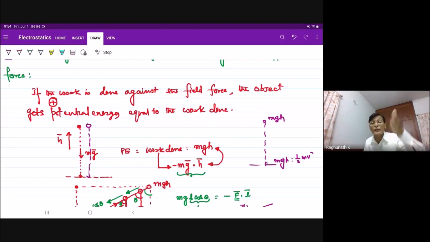Principle of conservation of energy told me that it would have converted into kinetic energy. It has come down because gravitational pull pulled it. So the velocity with which it strikes the ground is root 2gh. If it comes down, it should lose its potential energy in the gravitational field.